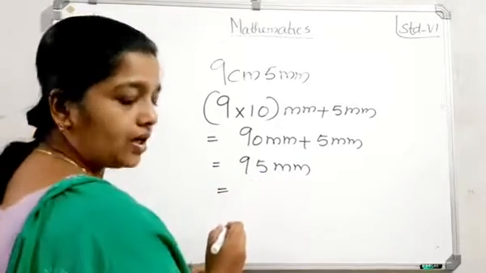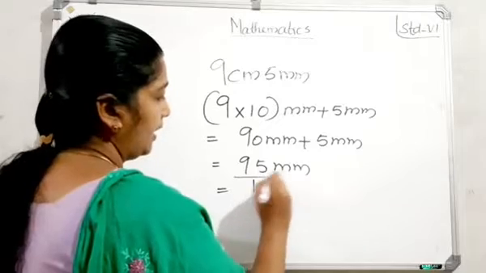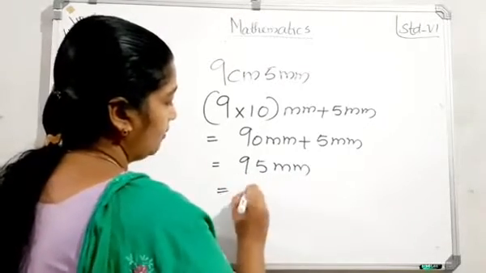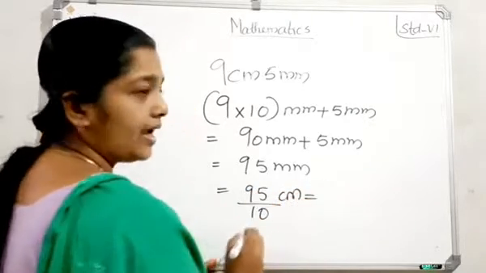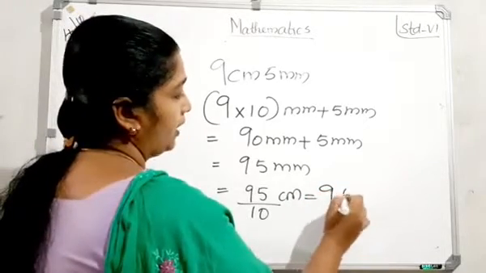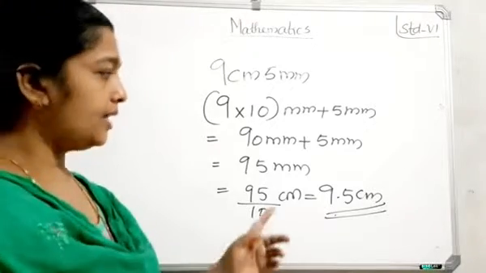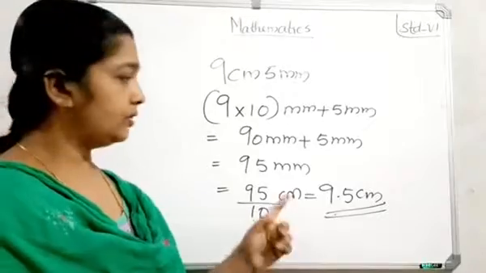Then we want to convert into centimeter. That equals 95 by 10. Next step, we write 95 by 10. Which unit here? Centimeter. Say the answer. A number is divided by 10. Yes, 9.5 centimeter. Clear? So the final answer is 9.5 centimeter. You can write in the textbook, but I will give it through my notes.